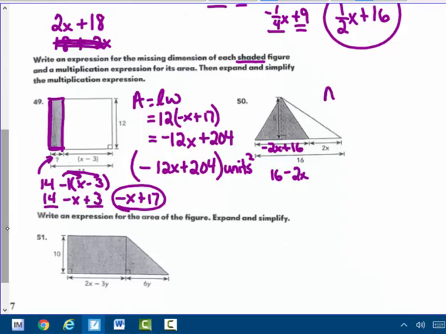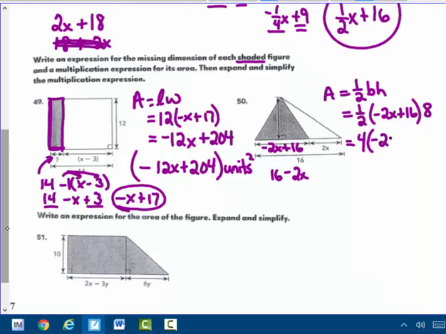The formula for a triangle is area equals 1/2 base times height. So 1/2 times that base, which is negative 2x plus 16, times my height of 8. I'm going to do half of the 8 first, and use the commutative property and say that's 4.